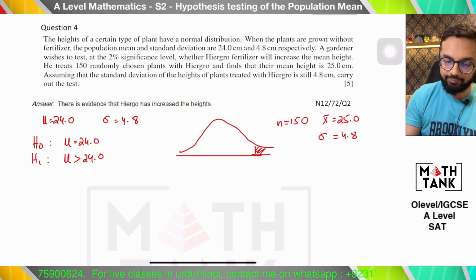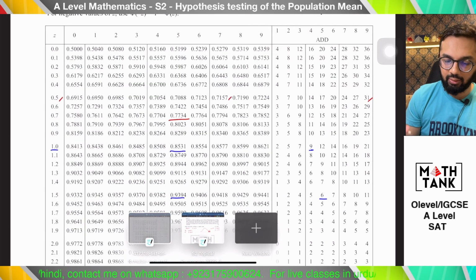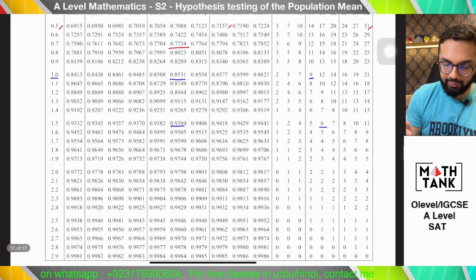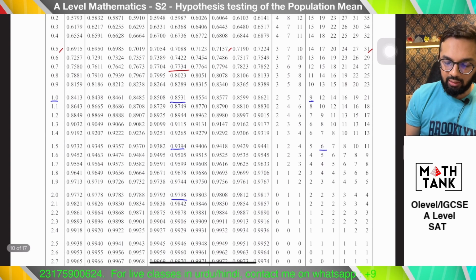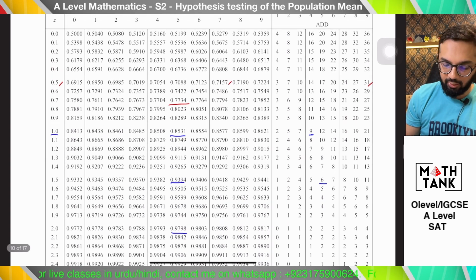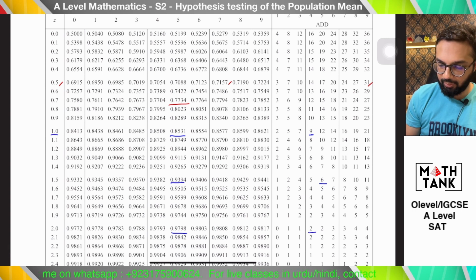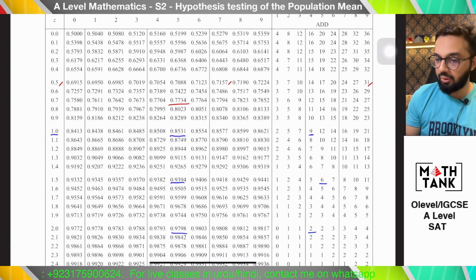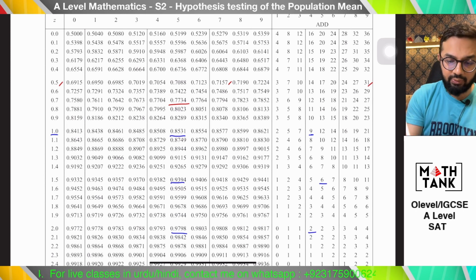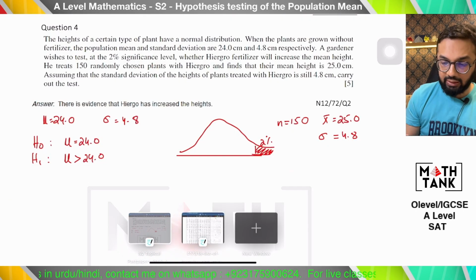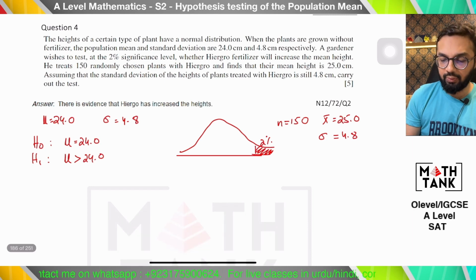So it's a 2% level, so I'm going to look at 98% inside the table. I need 2.054 or 2.055, that's your choice. You can use a calculator to be more precise.